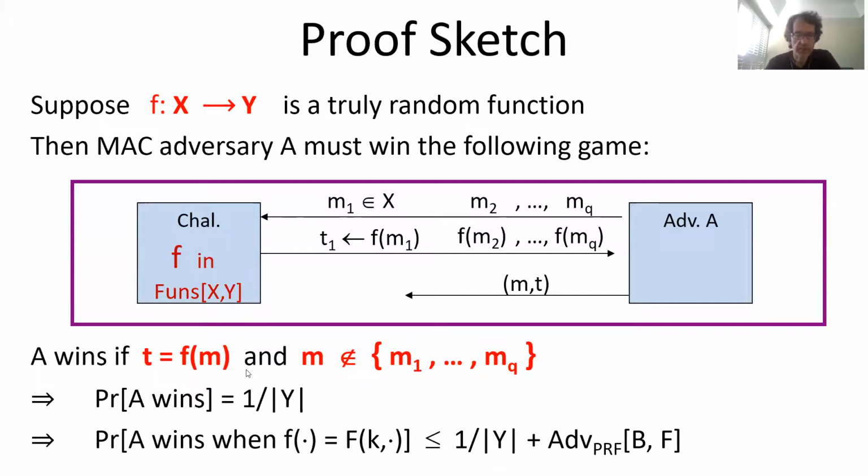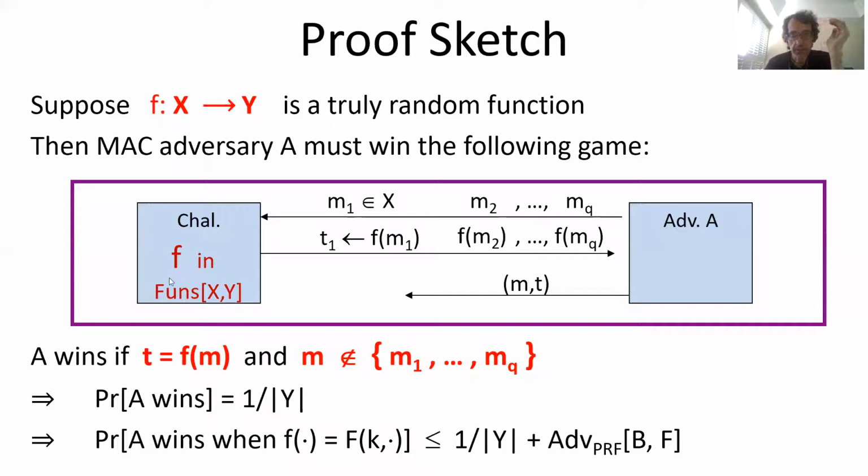Because such a reduction can be built, and it's rather simple, that reduction distinguishes a random function from a PRF with probability epsilon.